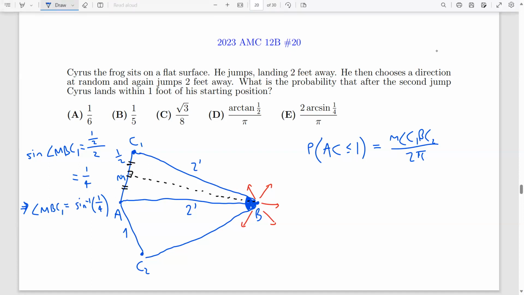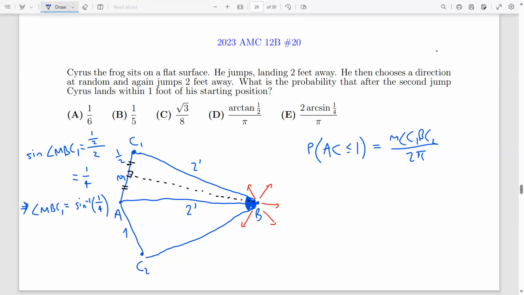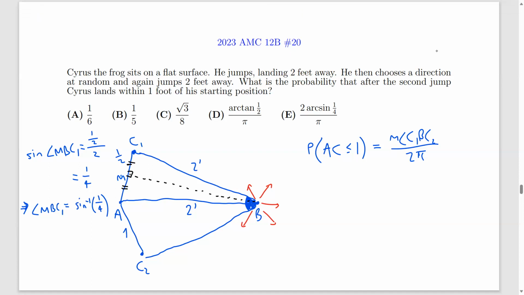Now we can notice that triangles ABC1 and ABC2 are in fact congruent. Therefore, we actually need 4 of these angles. So it follows that the measure of angle C1BC2 is equal to 4 times the inverse sine of 1/4.